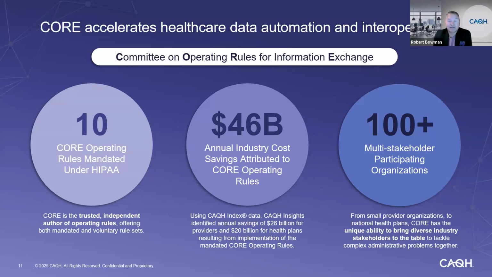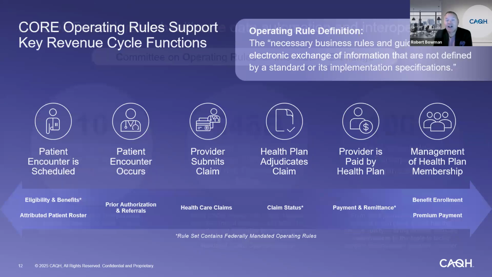And so we have developed a number of sets of operating rules, 10 of which are HIPAA mandated. And because of the success of the implementations that you, the stakeholders, do through time, we've been able to track over $46 billion in savings because you have implemented the operating rules. On the next slide, you'll see just how pervasive the operating rules are. Almost no matter where you're at in the revenue cycle, there's probably a set of CORE operating rules that have been developed by you, the participants.